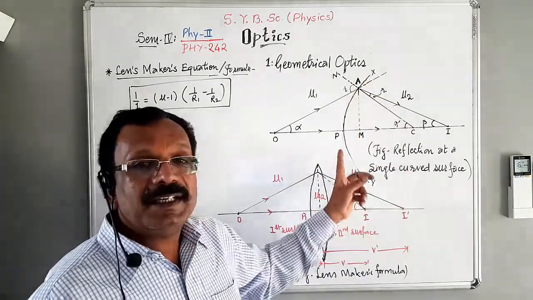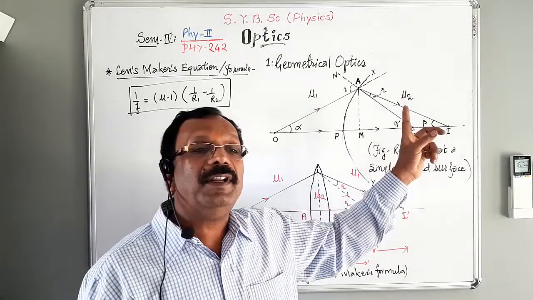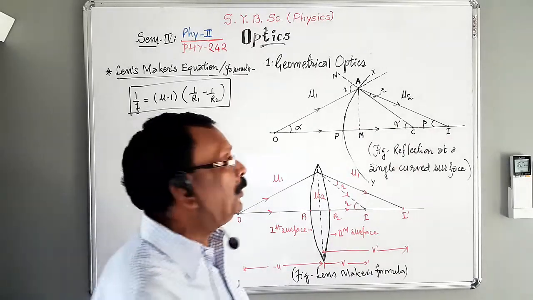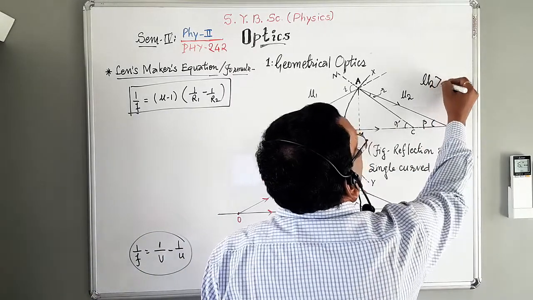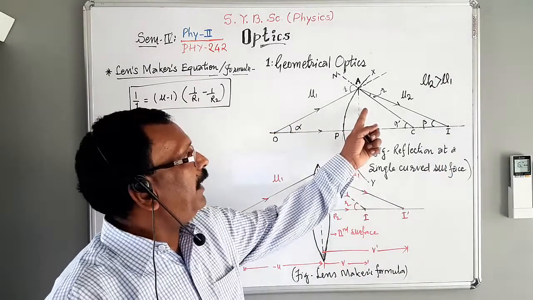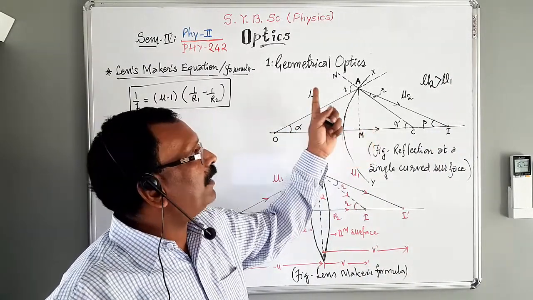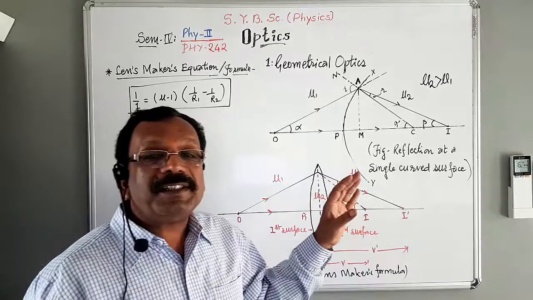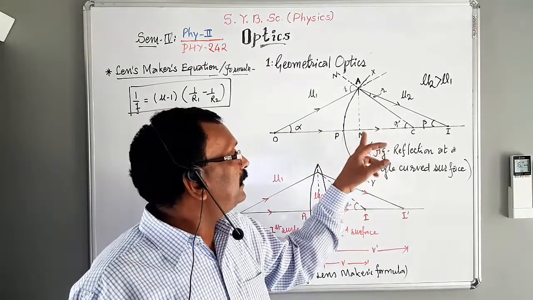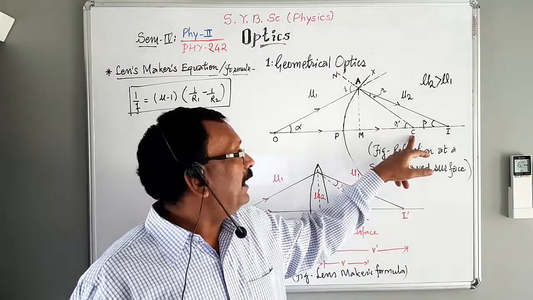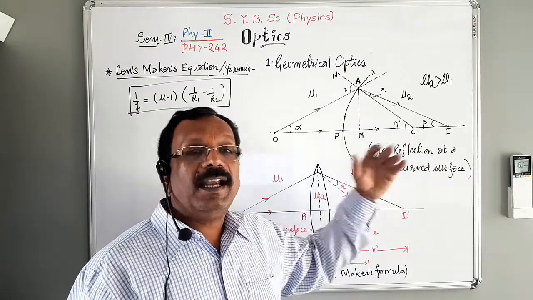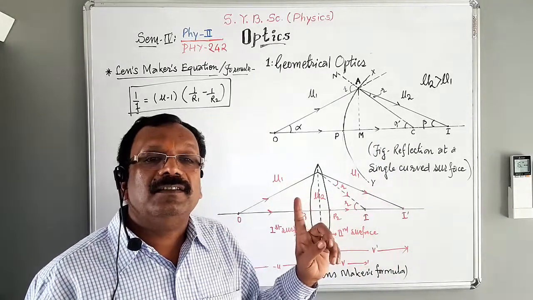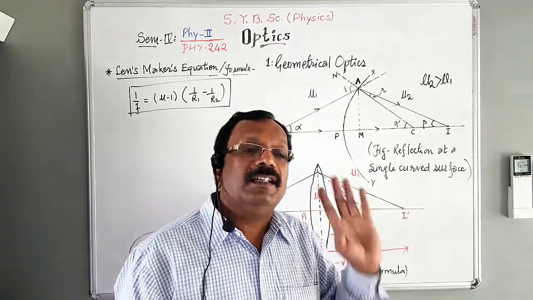But let mu2 be greater than mu1, that is, the refractive index of the material of the lens should be larger as compared to the refractive index of air. Also, the curved surface is spherical with center of curvature C and radius of curvature R. Then we can obtain the relation for refraction at a single curved surface.